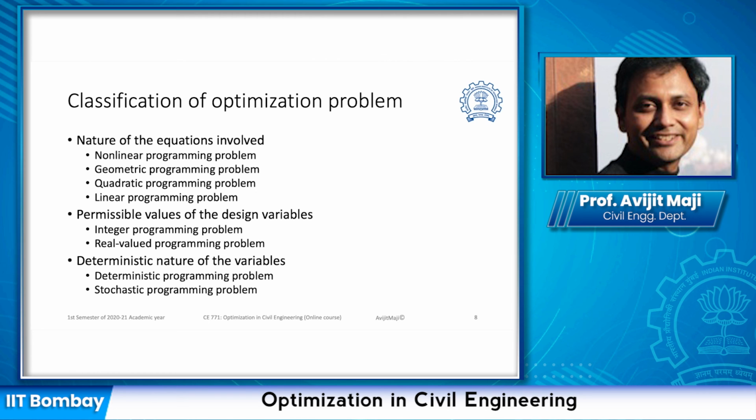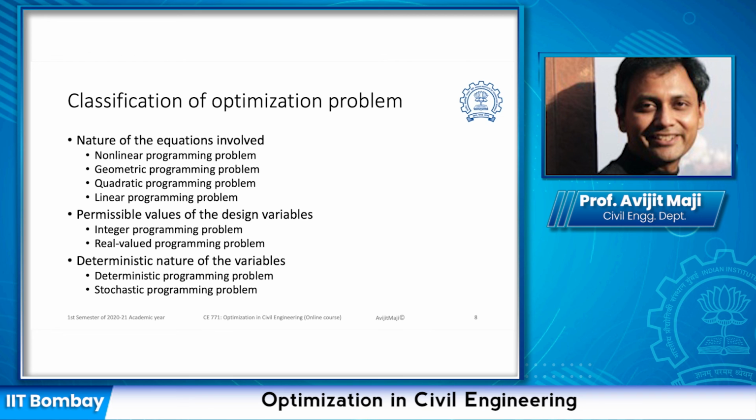The classification of optimization problems can also depend on the nature of the equations involved. For example, if the objective function or the constraints have nonlinear equations, then that optimization problem is known as a nonlinear programming problem.